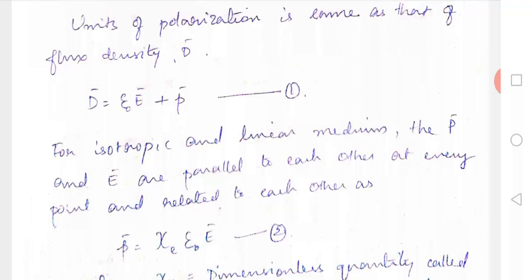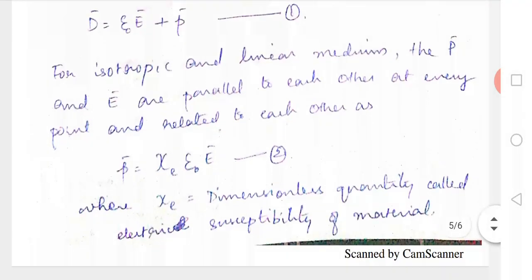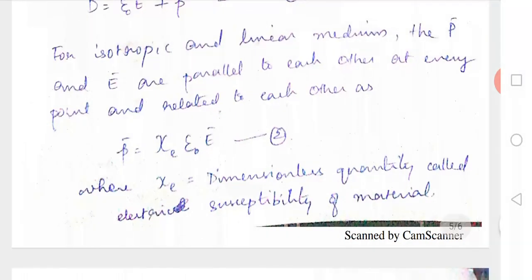For an isotropic and linear medium, vector P and vector E are parallel to each other at every point and related to each other as vector P is equal to psi E epsilon naught vector E. Let this be equation 2, where psi E is a dimensionless quantity called the electric susceptibility of the material.